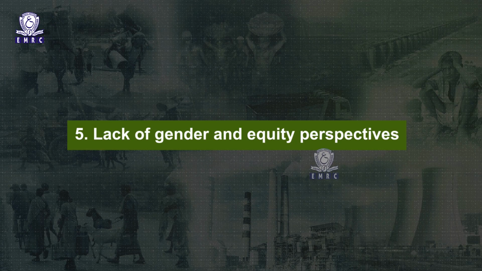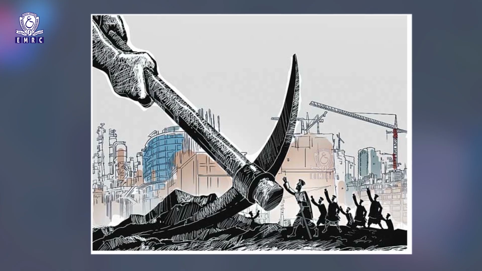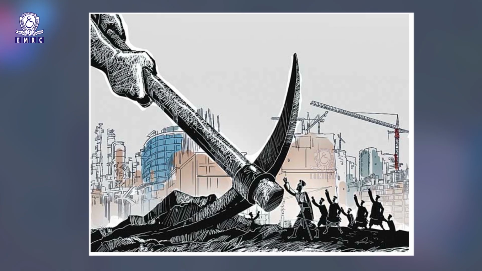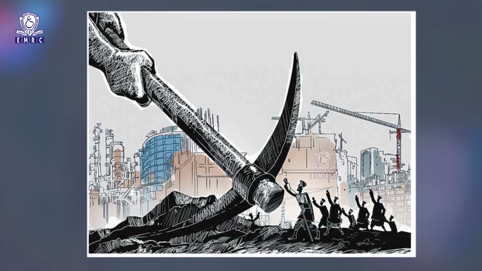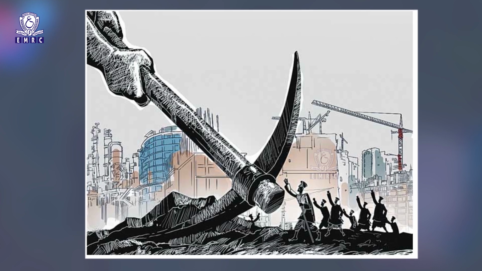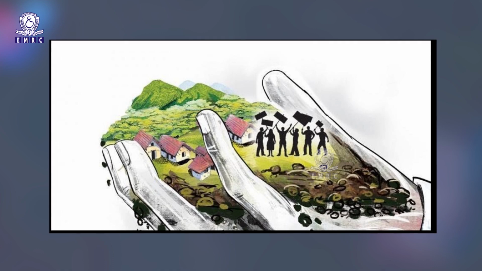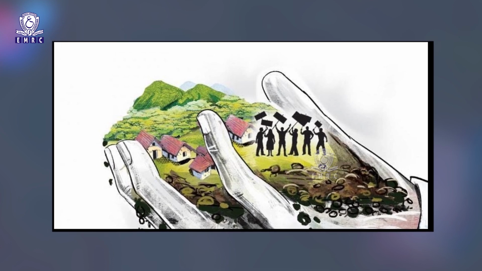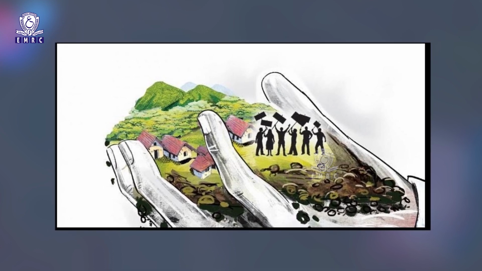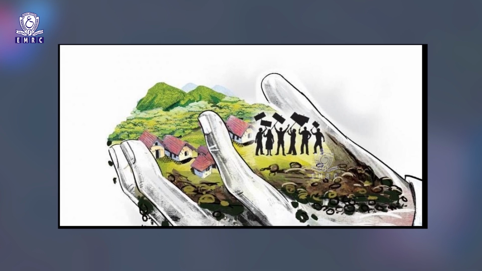Another aspect is the lack of gender and equity perspectives. And here the studies have indicated that rehabilitation packages are blind to the perspectives of both gender and equity. Almost all project authorities have tried to narrow down the definition of displacement, rehabilitation and compensation.